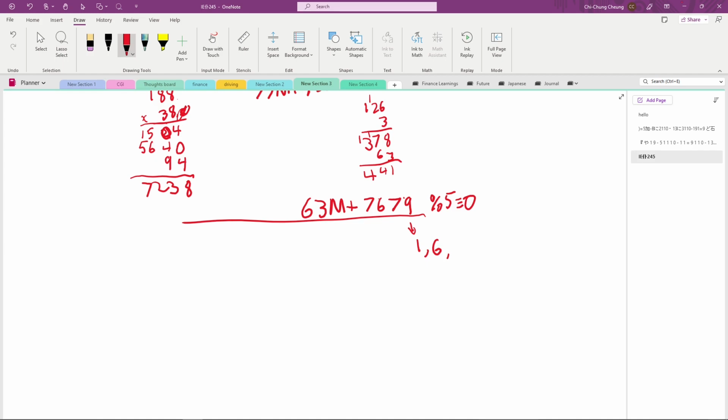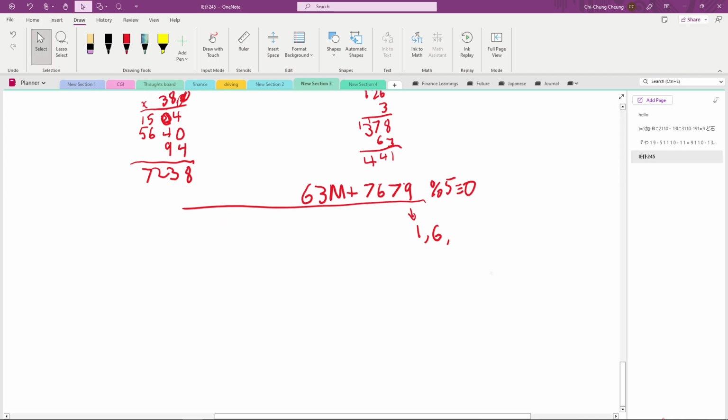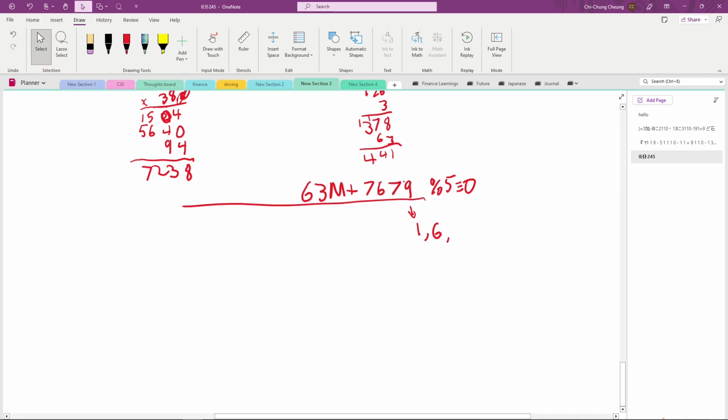If it's 1, you get something 0, which is divisible by 10, and so by 5. If it's 6, you get something 5, which is divisible by 5. The ones digit of this has to be 1 or 6, so when you do multiplication, right?